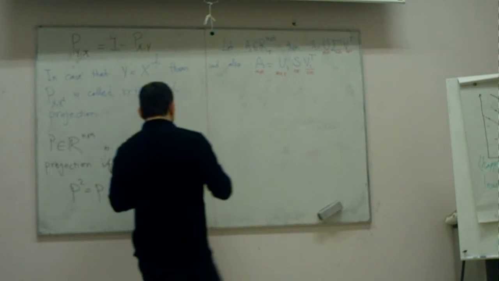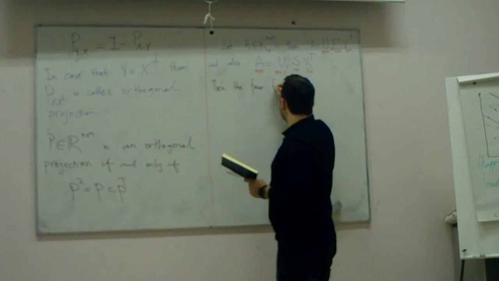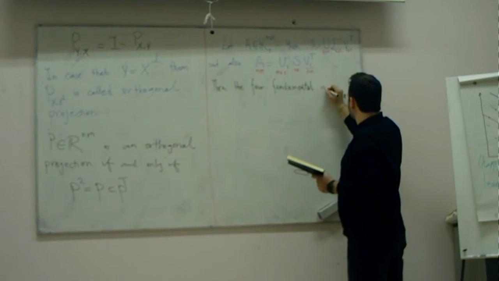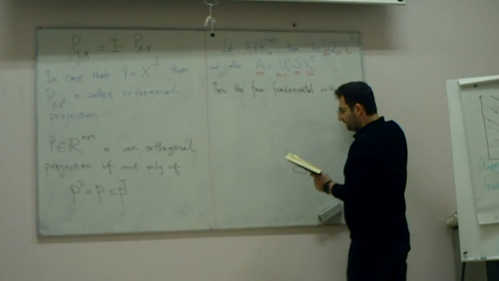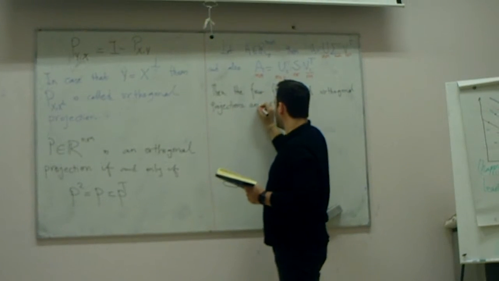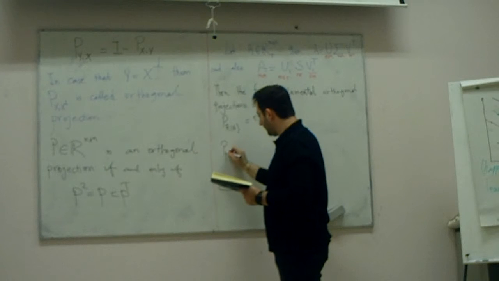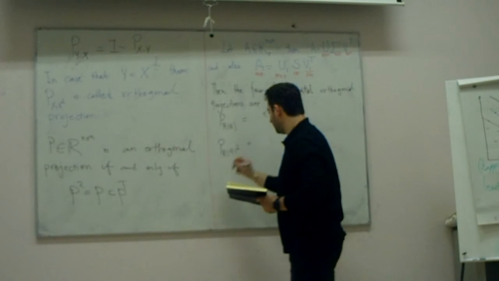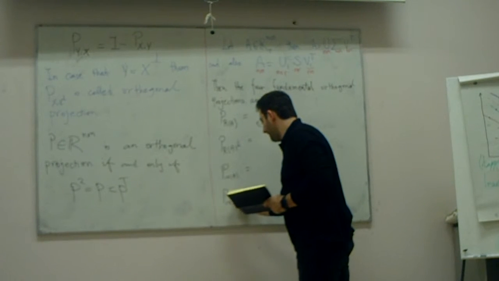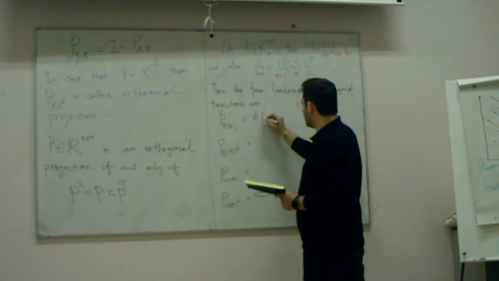So if we have this, then the four fundamental orthogonal projections are P of range A, P of range A orthogonal, P of null space A, P of null space A orthogonal.